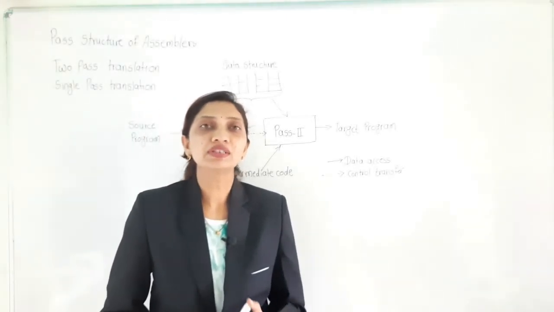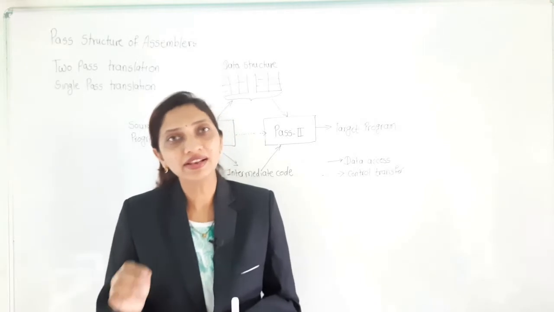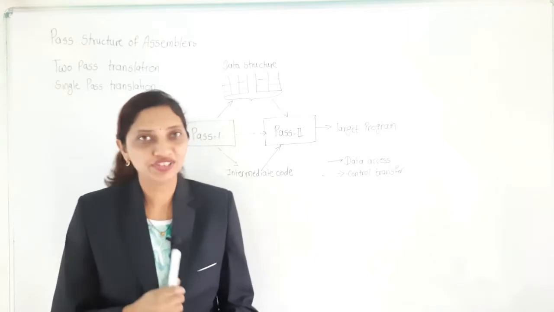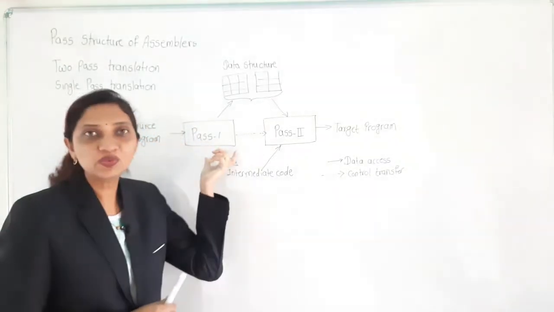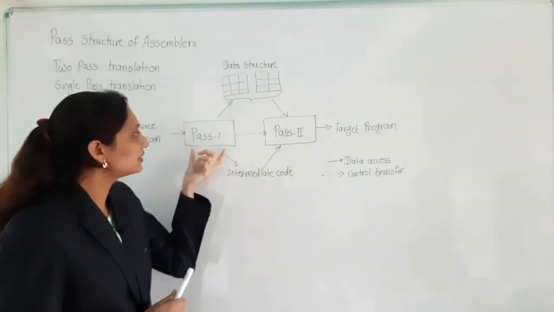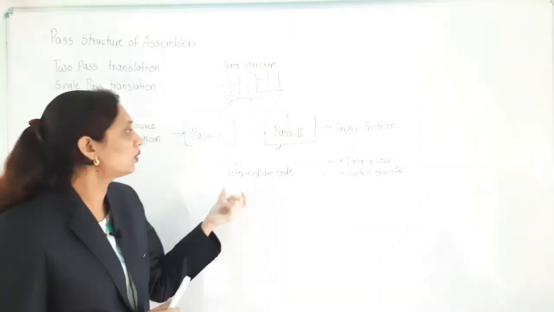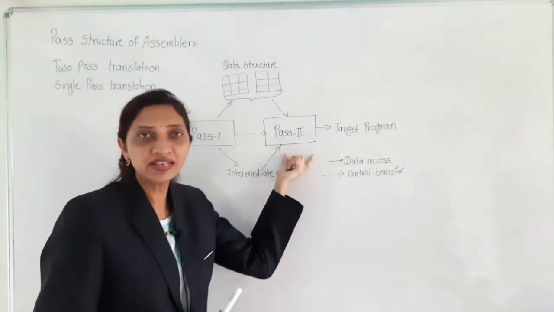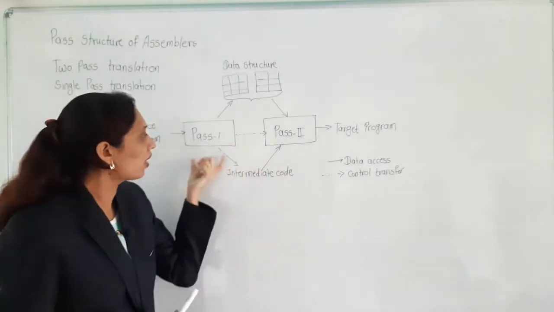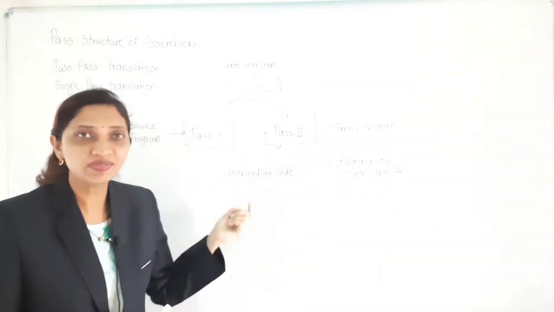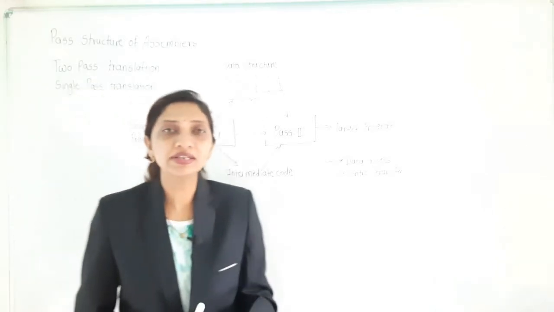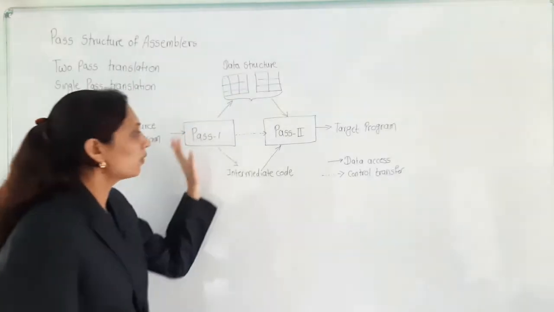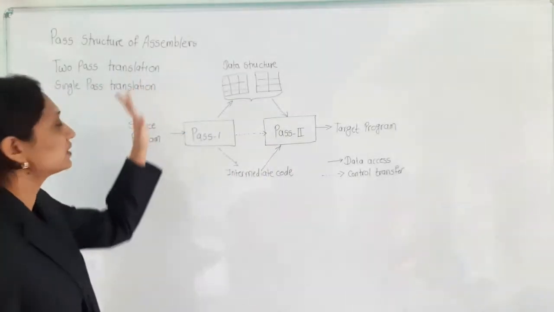It is handled naturally, because once the analysis phase is finished, the assembler knows all the addresses of all the symbols before synthesizing the program. In this way the problem of forward referencing is handled naturally in the two-pass translation model. This is an overview diagram of the two-pass translation model.